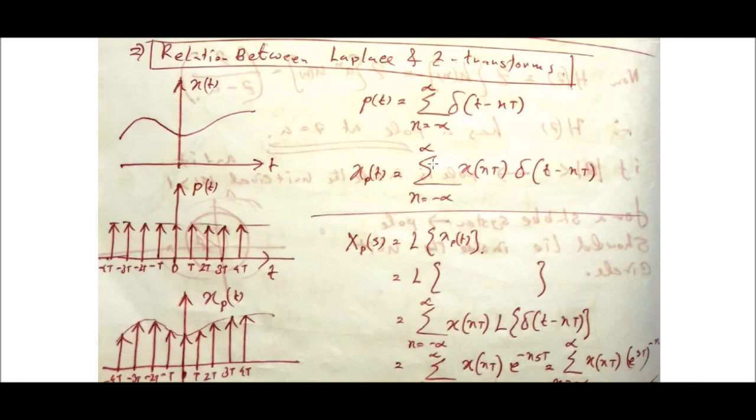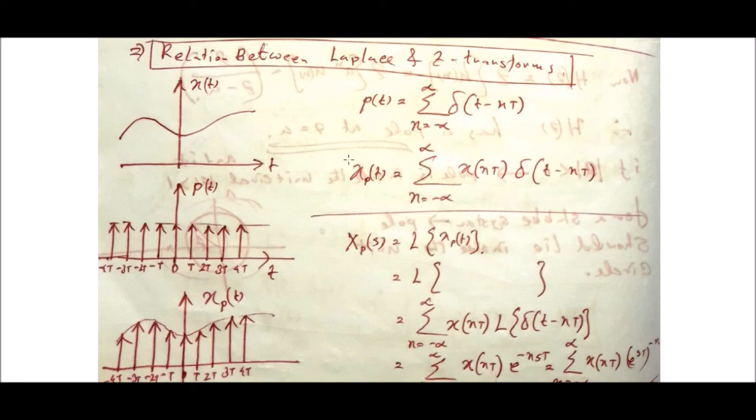Now simply multiply them. If you multiply them, what will happen? This particular train of pulses will have values at these points only, and all other points in between 0 and T, in between T and 2T, have the value of 0.